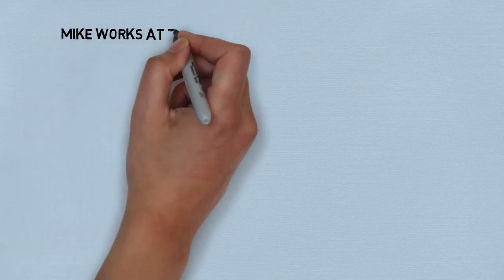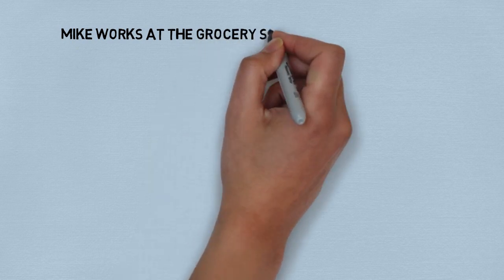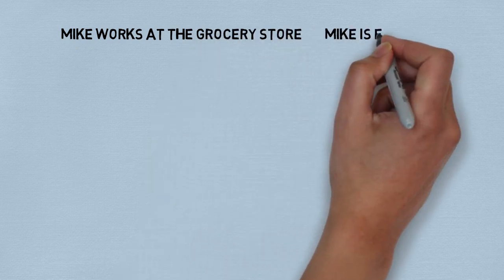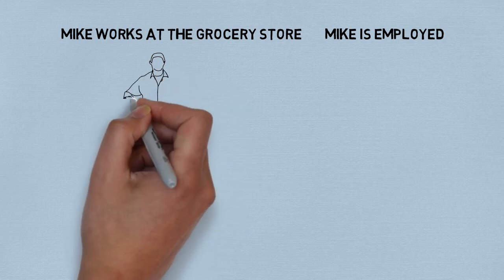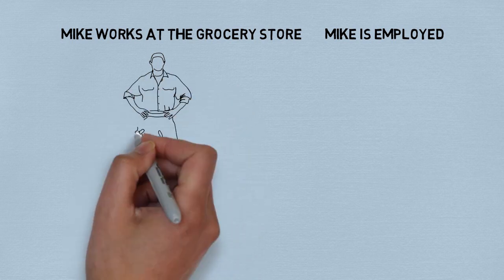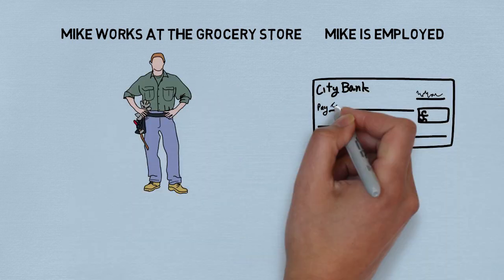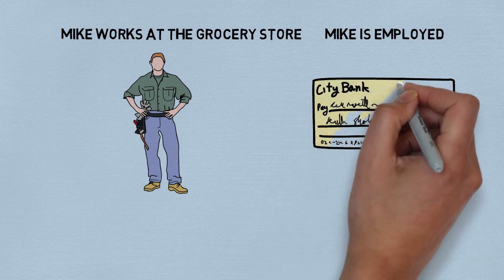Mike works at the grocery store, and Mike is employed is another example of entailment. Mike working at the grocery store entails him being employed, otherwise he wouldn't be working at the grocery store.